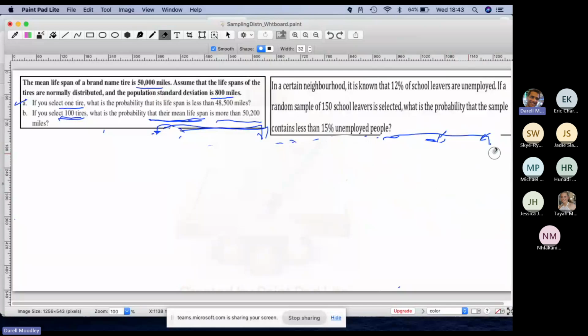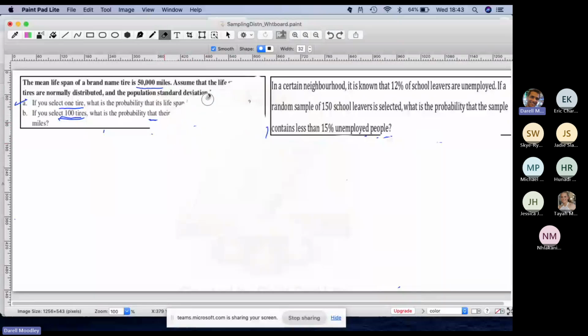Okay, so we've answered the question on the left. Now we're going to answer the question on the right. And there's a difference between the two.